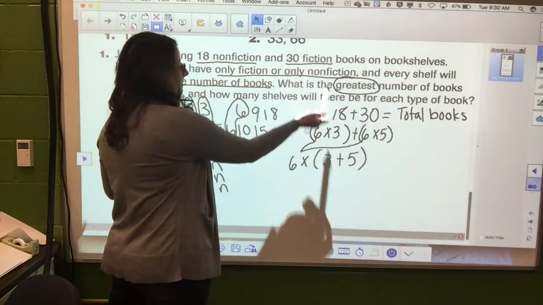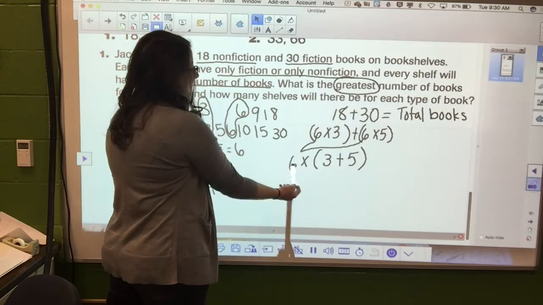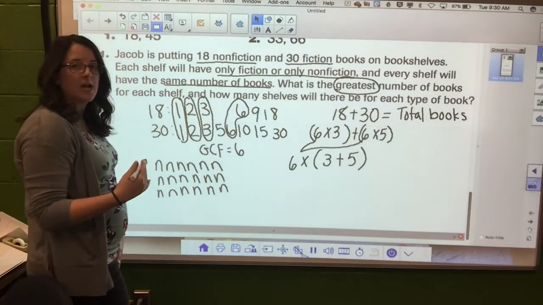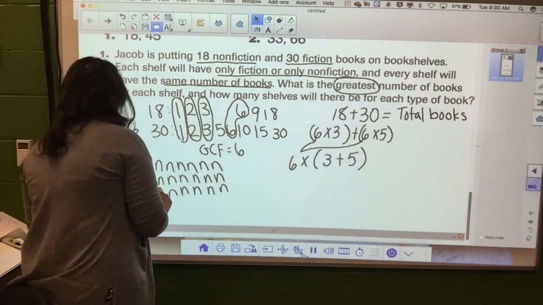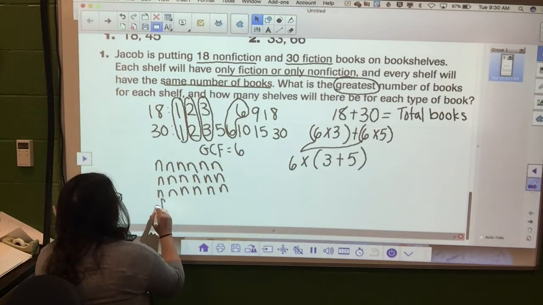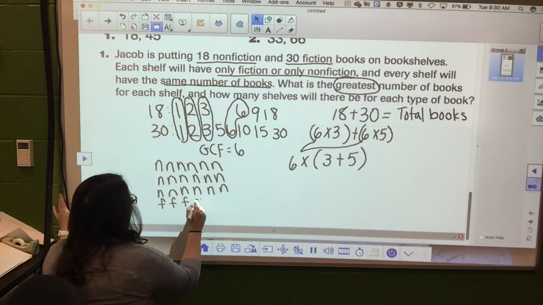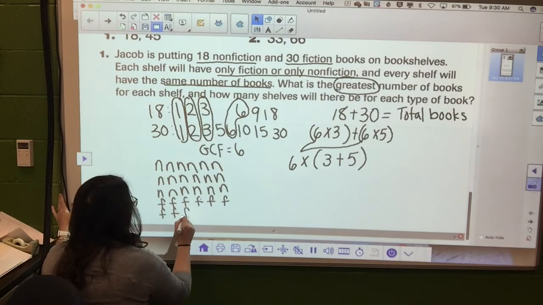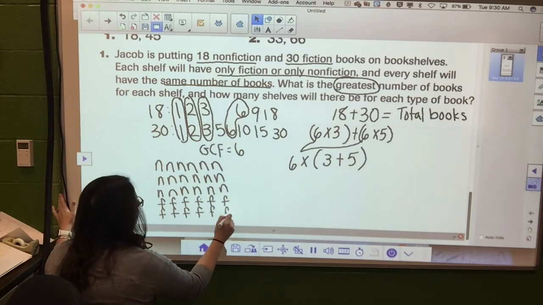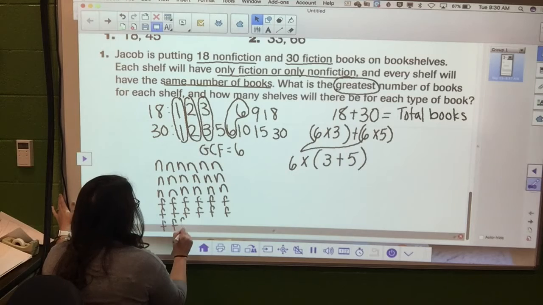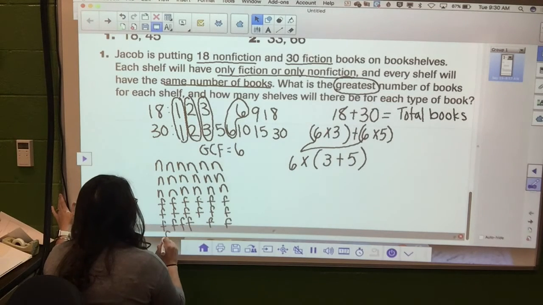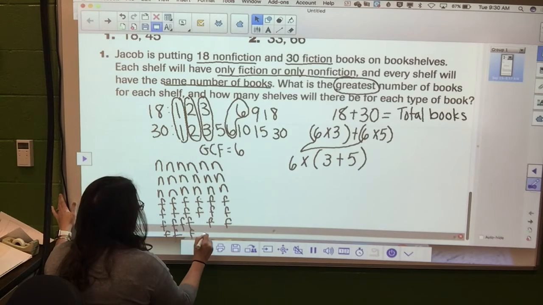For fiction, we have 30. So that means with 6 books in each row, we're going to have 5 shelves. And hopefully I can fit 5 rows down here. So fiction, F, 1, 2, 3, 4, 5, 6, in each row.